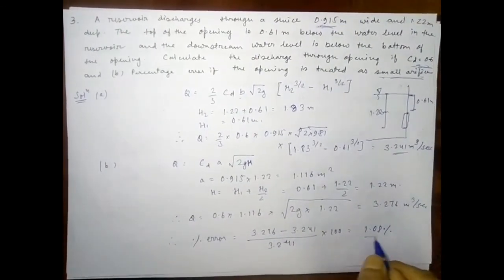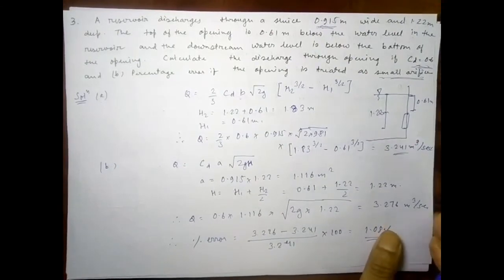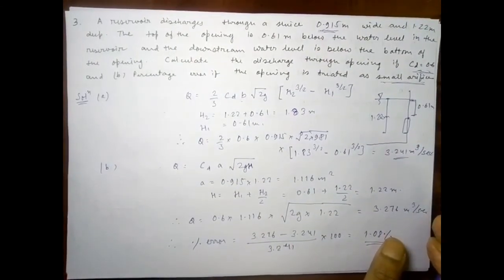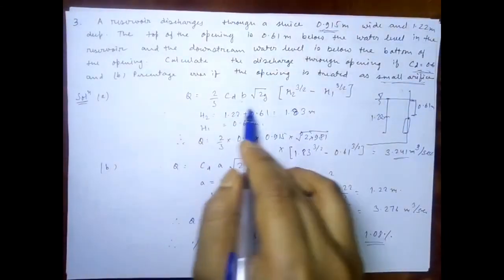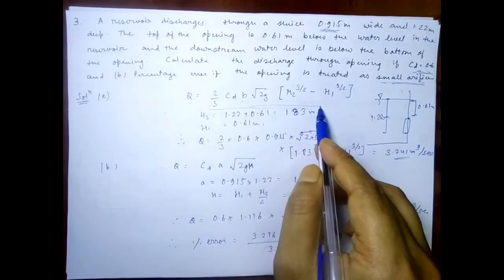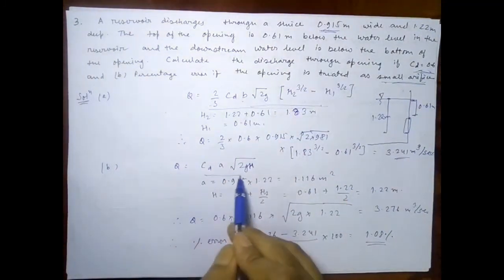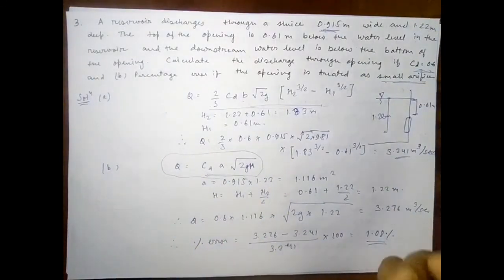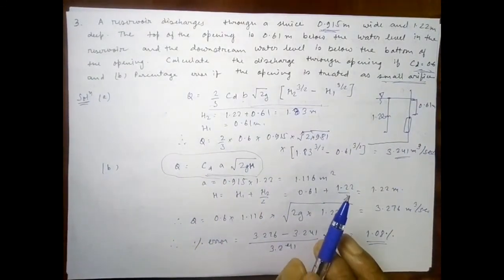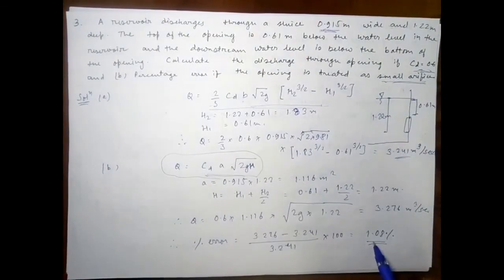So we get an error of 1.08%, which is actually not very large. So you can say that if we really want precise results, then we can use this formula, but otherwise this formula can also give a value which is quite near to the actual value, and the percentage error is very small.